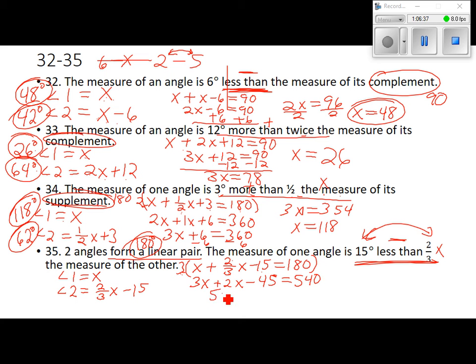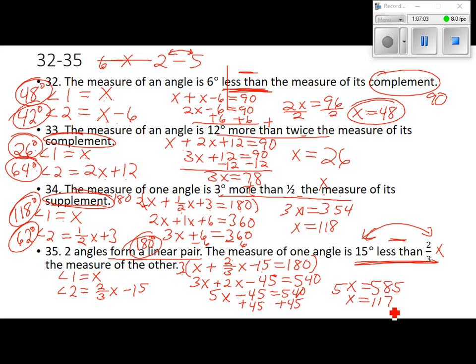Collect like terms, we get 5x minus 45 equals 540. Add 45 to both sides. You end up with 5x equals 585. Grab your calculator and take 585 divided by 5. You end up with x equals 117.